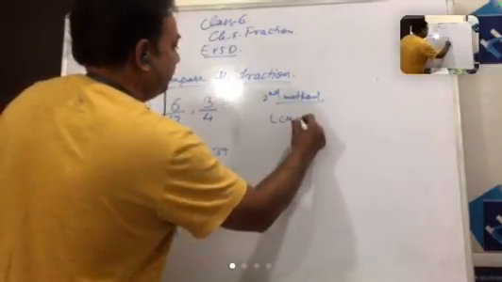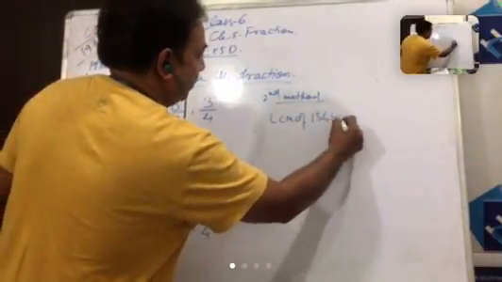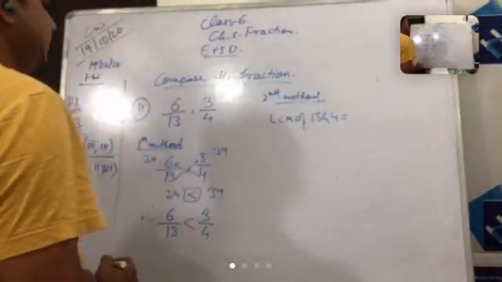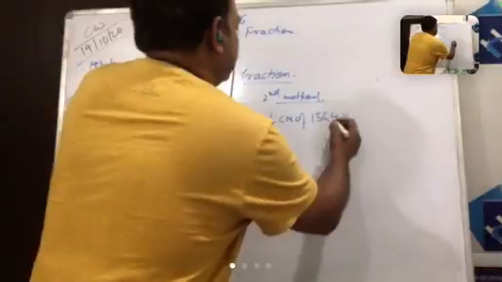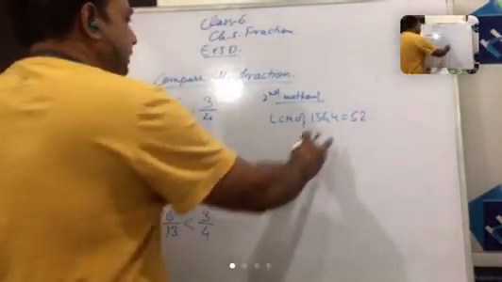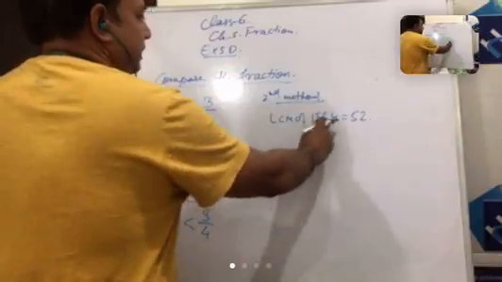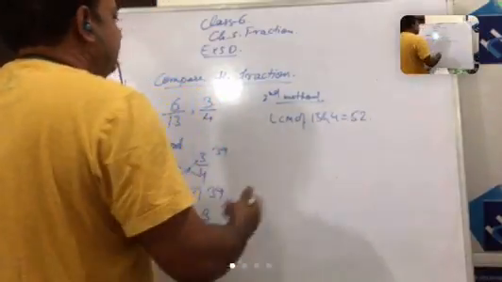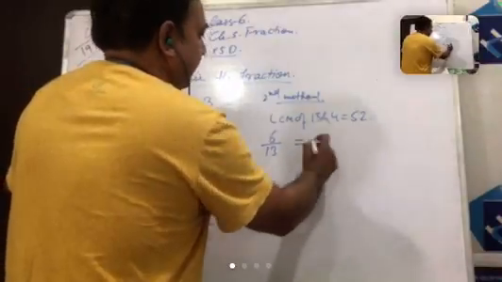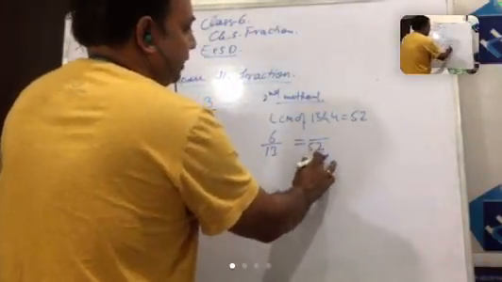LCM of 13 and 4. 13 4s are 52. Because they are co-prime, we just multiply them and the LCM is 52. So for 6 upon 13, the required denominator is 52.